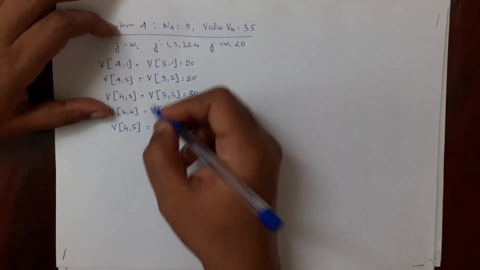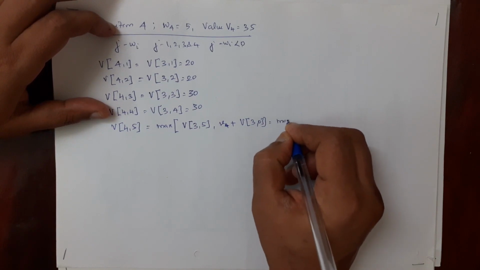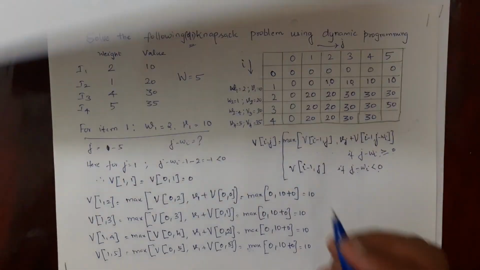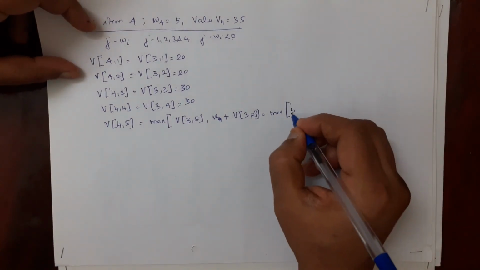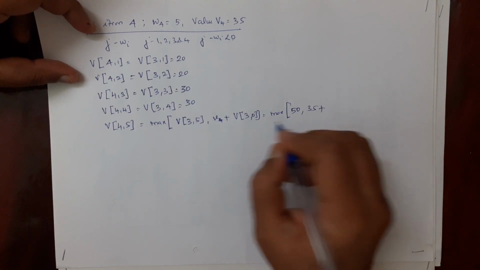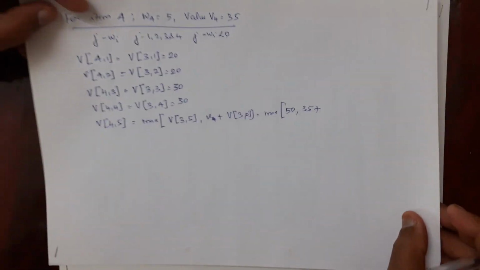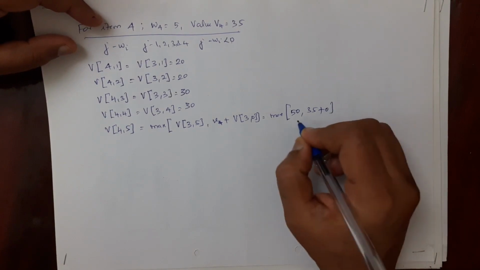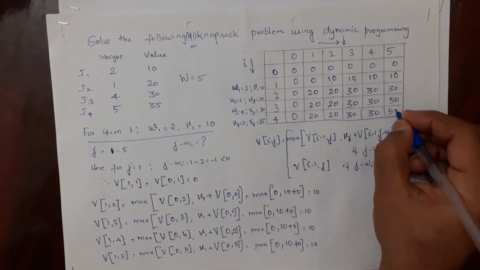The j value is 5, minus wi, 5 minus 5 is 0. That is maximum of v of 3 comma 5, third row, fifth column, 50, or v4 is 35 plus v of 3 comma 0. The 3 comma 0 entry is also 0. So which one is maximum? 50, 35. So 50 is maximum. Fill this entry also here.